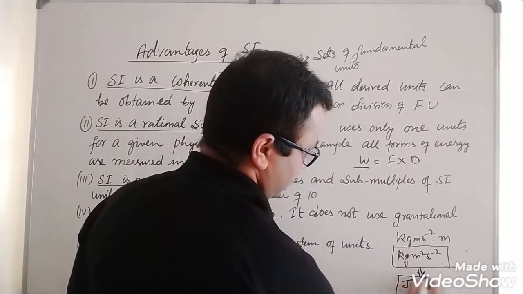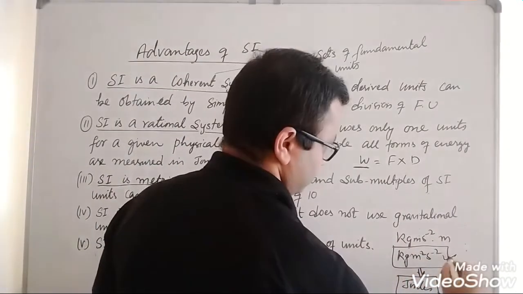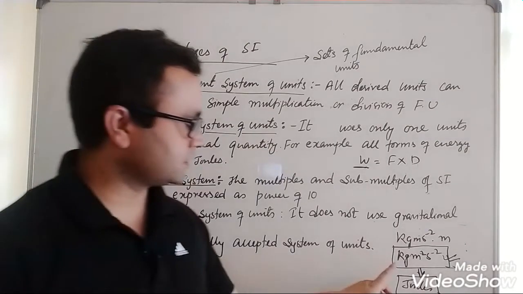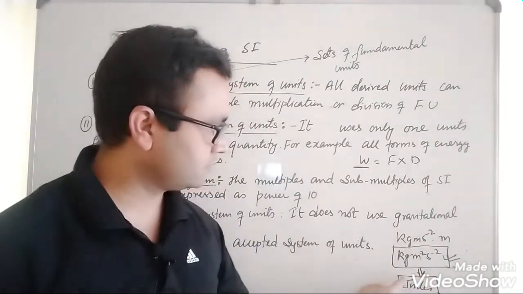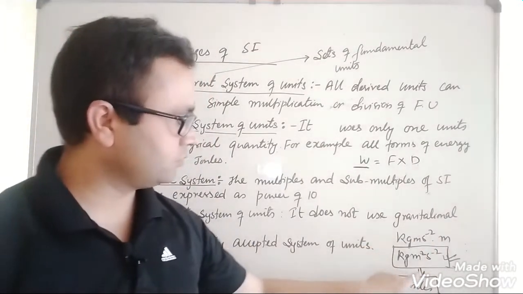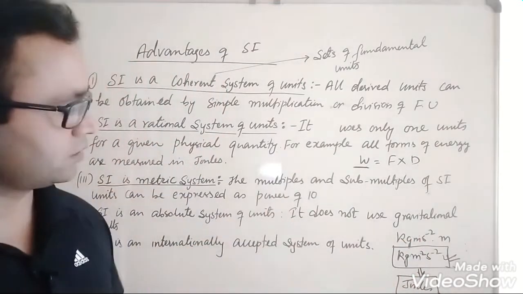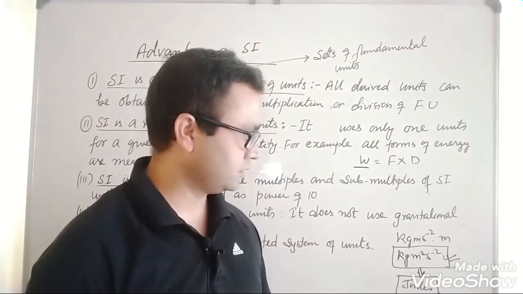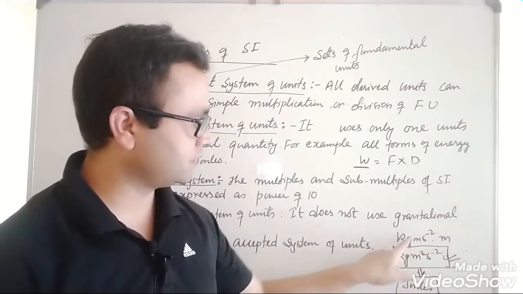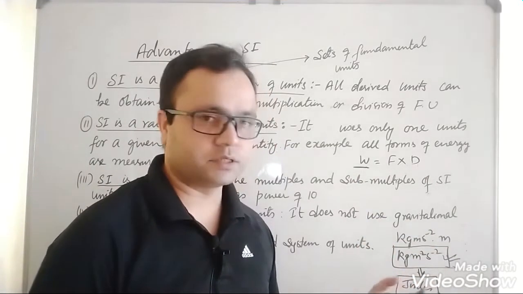Similarly, for kinetic energy in the SI system, the set of fundamental units is kg meter square per second square, and the unit of kinetic energy is joule. Similarly, for potential energy, the set of fundamental units is kg meter square per second square, but the unit of potential energy is joule.